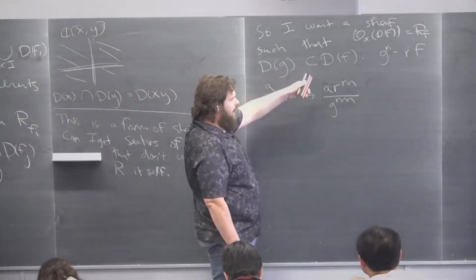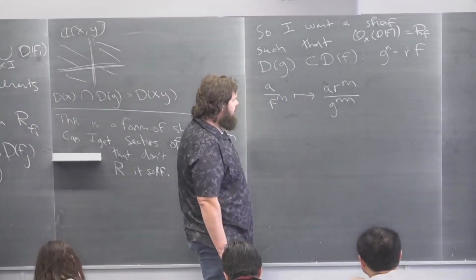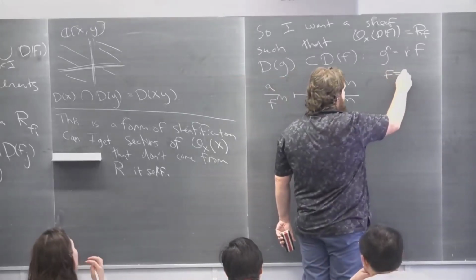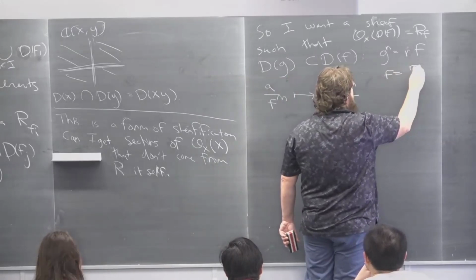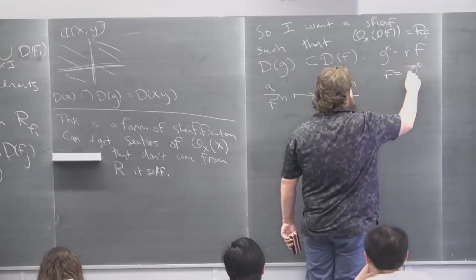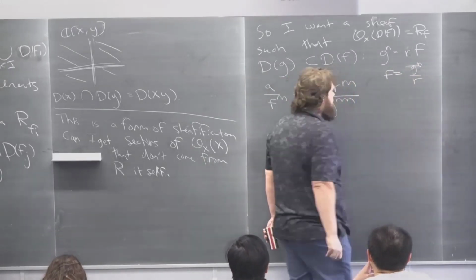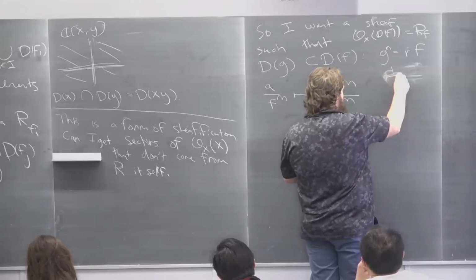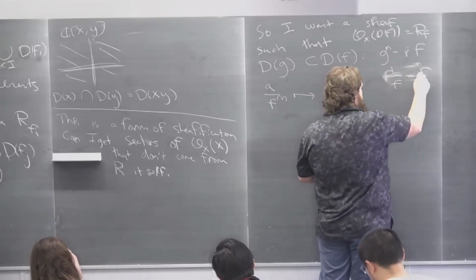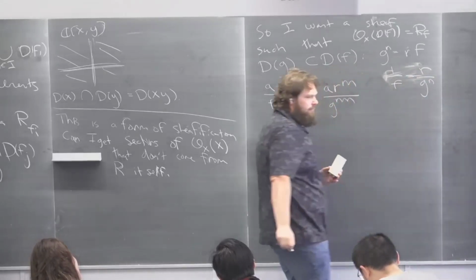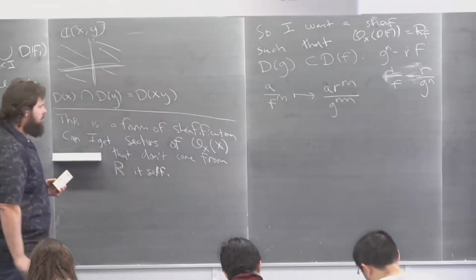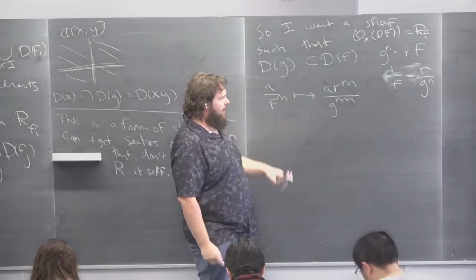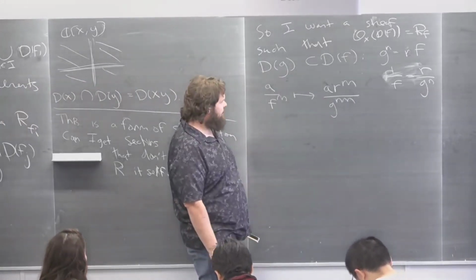It's just the obvious map between localizations, where I use that I can write F is equal to G to the N over R. Or better yet, 1 over F is equal to R divided by G to the N. So whenever I have one of these open sets, I have a restriction map on the sections.